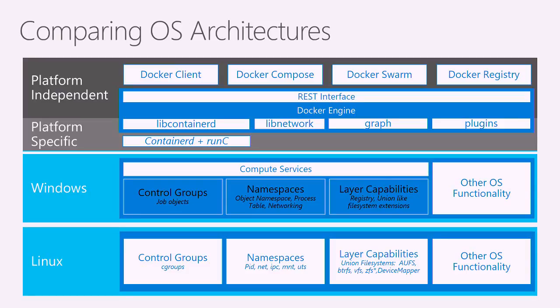whether that's the Linux kernel or the Windows kernel, to do a bunch of isolation stuff. So in Linux we've got a couple of different technologies so that while we're sharing an OS, we still have security and isolation of resources. We use control groups, or cgroups, which is something Google contributed a while back to the Linux kernel. That allows us to provide resource controls, so we can still restrict the amount of memory or CPU a container has. And namespaces provide isolation.